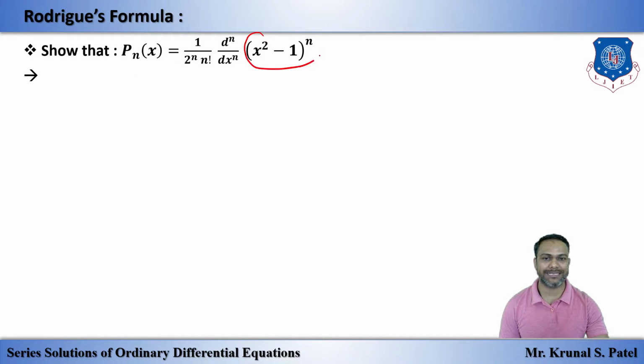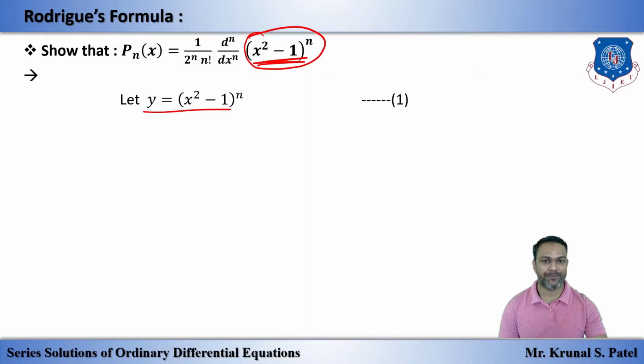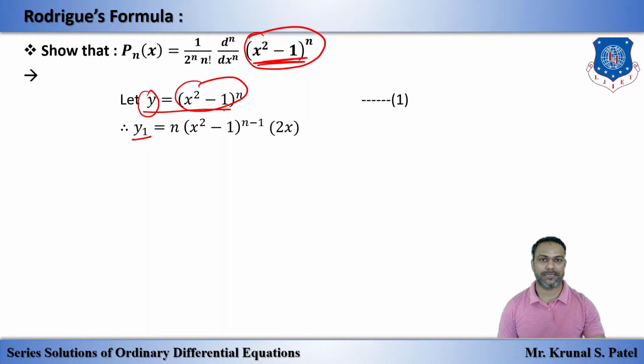We'll take this as our y function and differentiate it n times. But is it possible? For that we will use one trick. Let's start with equation number 1, y. First differentiate with respect to x one time. So we have y, the differentiation of y is y1, and for this term we know power comes forward and power minus 1, and the derivative of the base, that means chain rule.